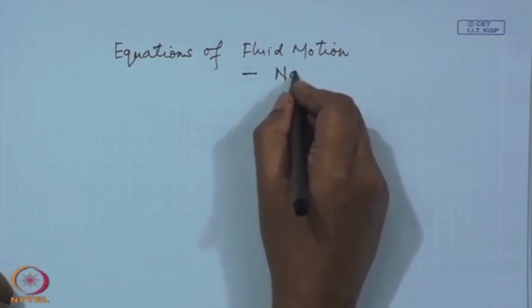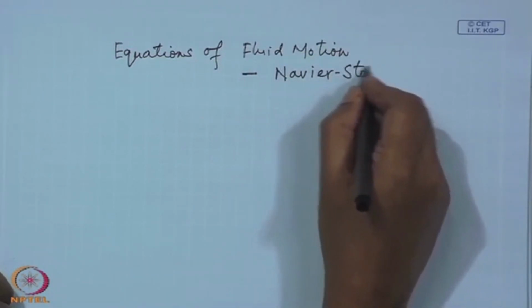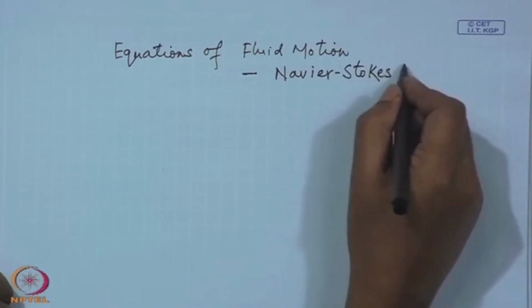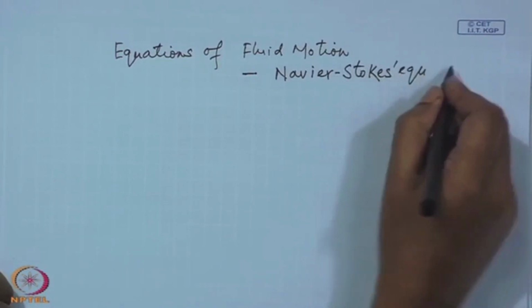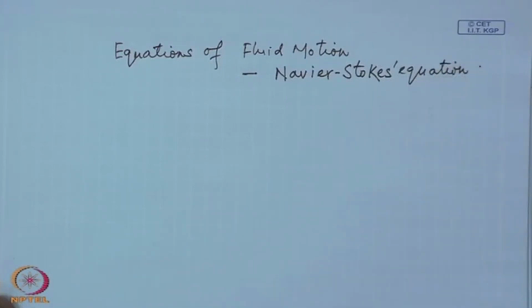The equation that we are now deriving, as we mentioned, is known as the Navier-Stokes equations, because both Navier and Stokes derived these equations independently.